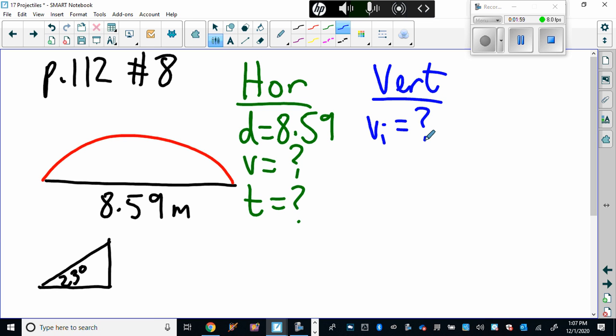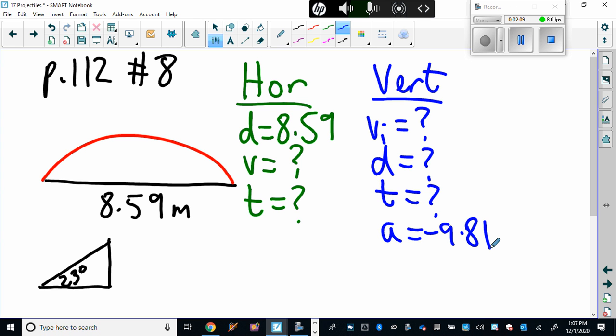No. Do we have the displacement vertically? No. Do we have the time vertically? No. Do we have the acceleration due to gravity? Yes. That's the one thing we have. Do we have the final velocity? No. So we're at a big impasse here because we really have nothing.